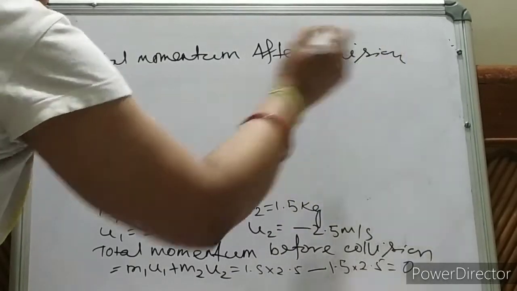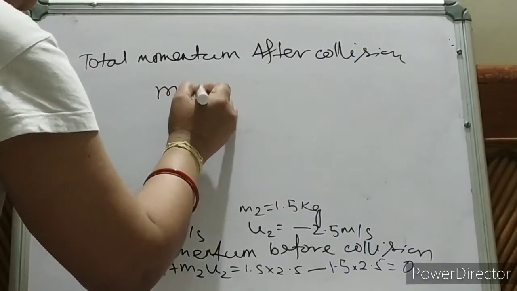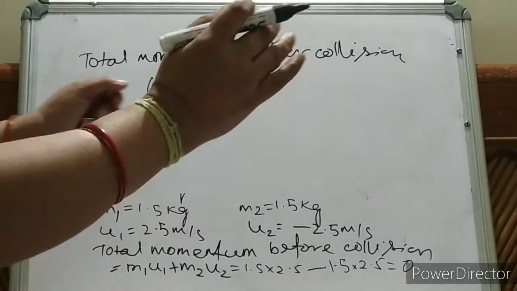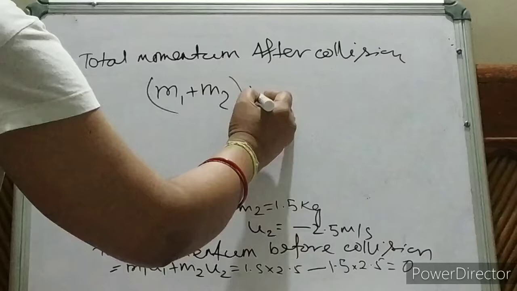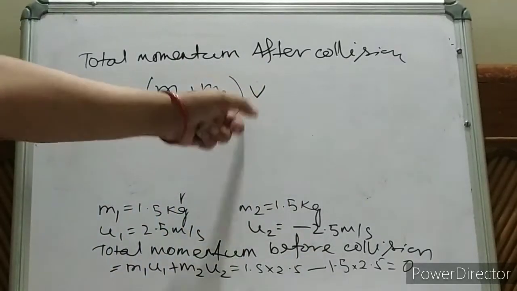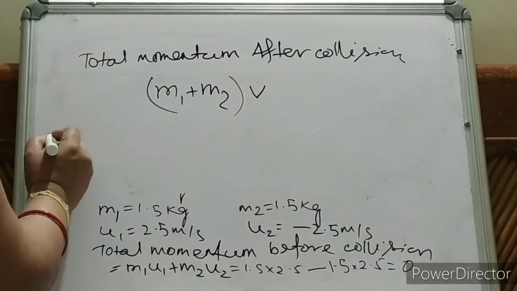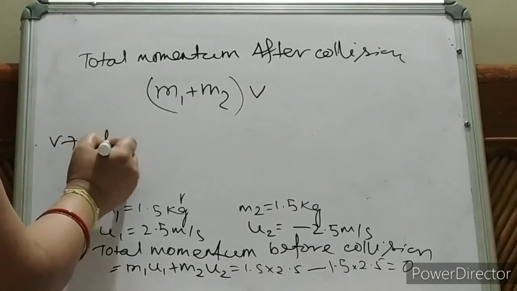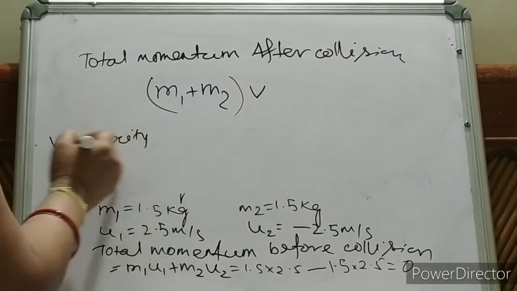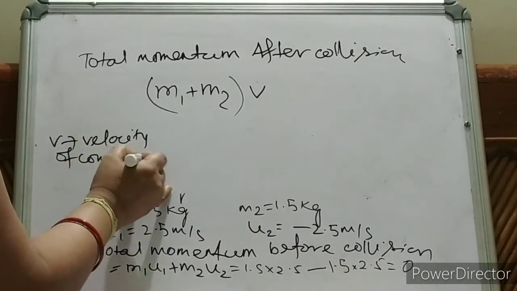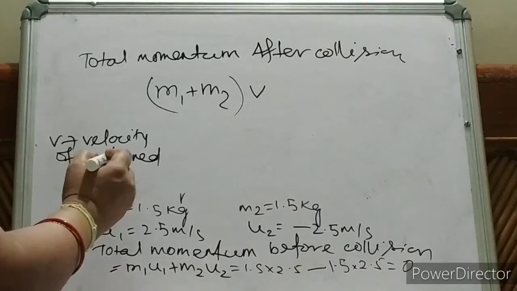Both the masses will stay together, so this will be a combined mass, and since they stick together, let the velocity after collision be v. So v is the velocity of the combined object.